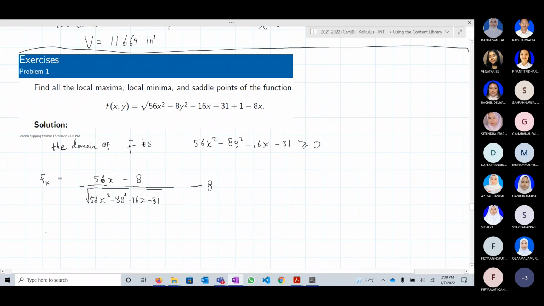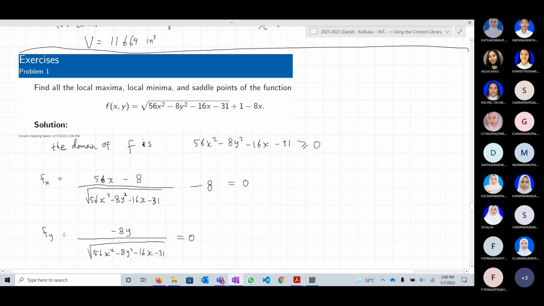Yeah, this is fx, and we have fy, which is minus 8y divided by square root of 56x squared minus 8y squared minus 16x minus 31. We want to make both of them equal to 0.